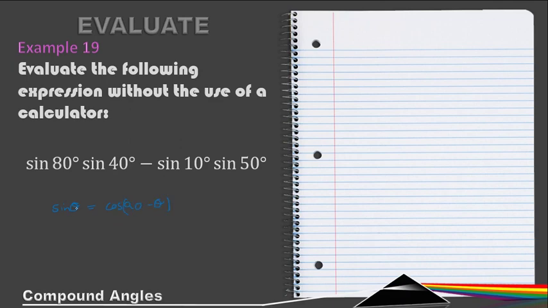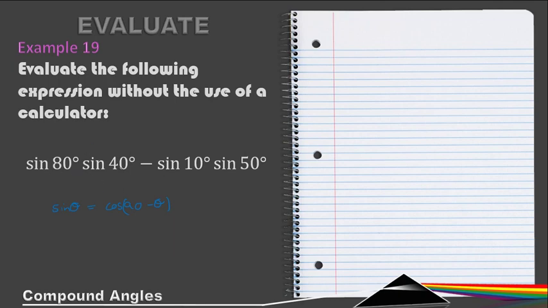So I can change a sine into a cos or a cos into a sine by simply using the complementary angle. So the angle of sine and the angle of cos need to be complementary. Then you can change them around.